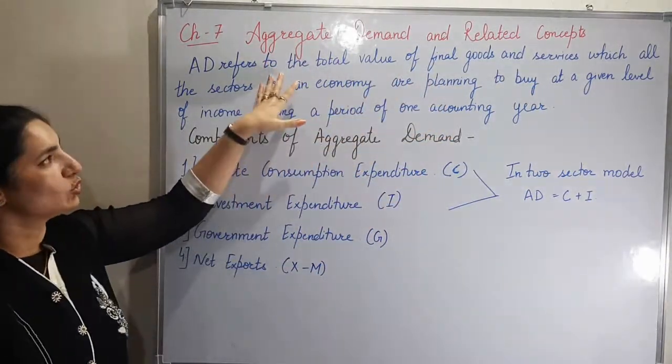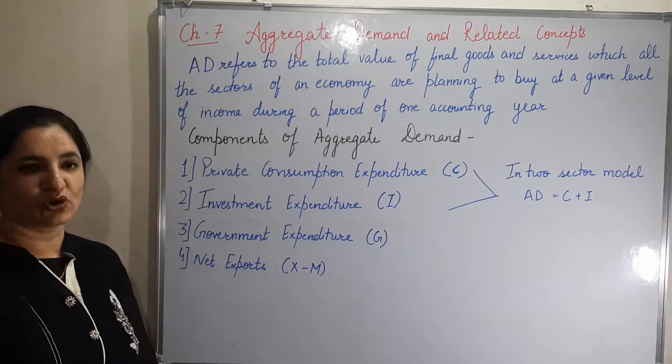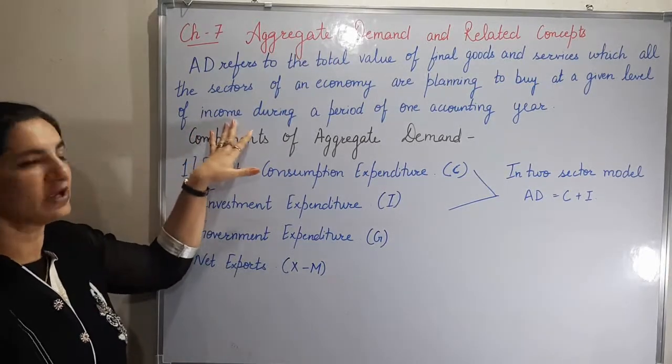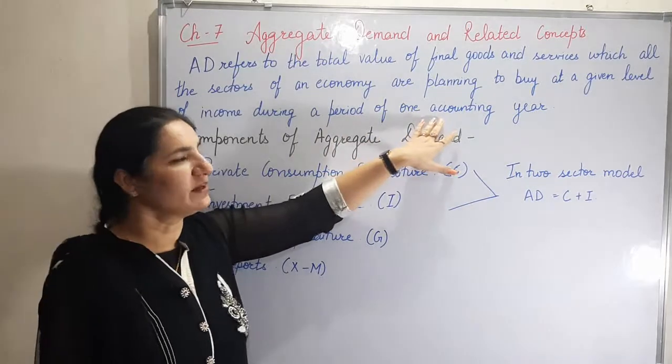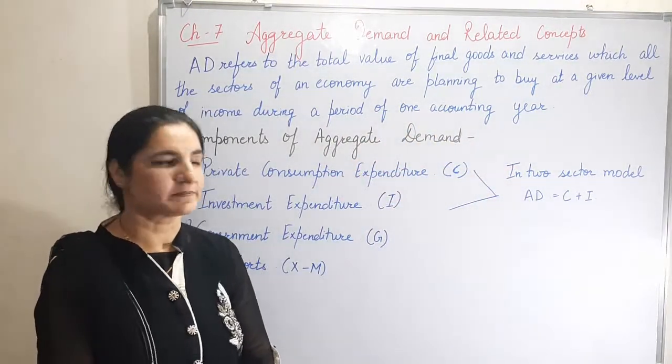So the total value of final goods and services which all the sectors of an economy are planning to buy at a given level of income during a period of one accounting year is called aggregate demand.